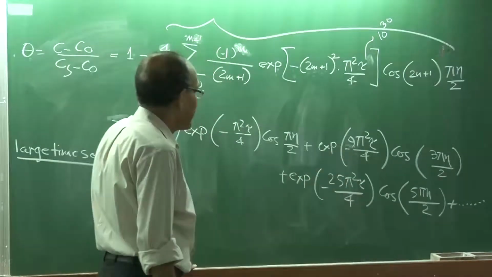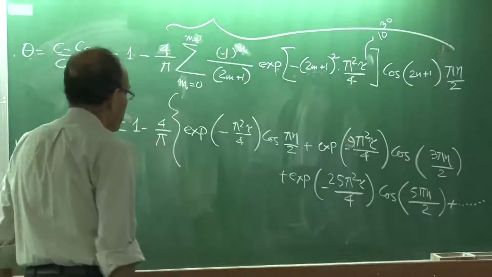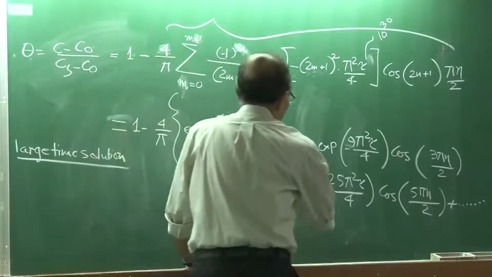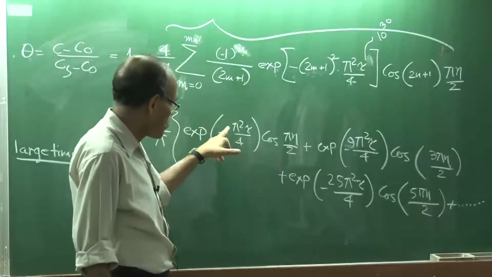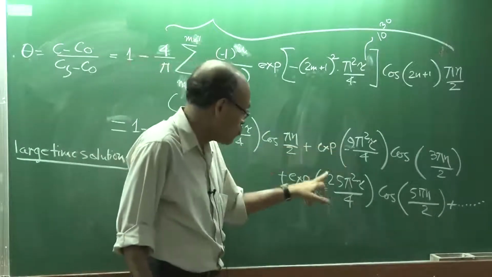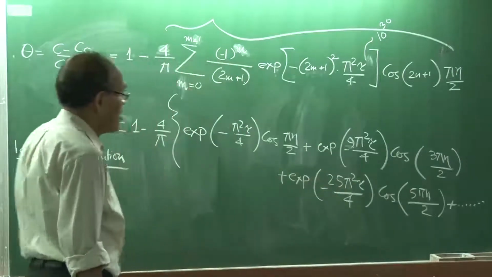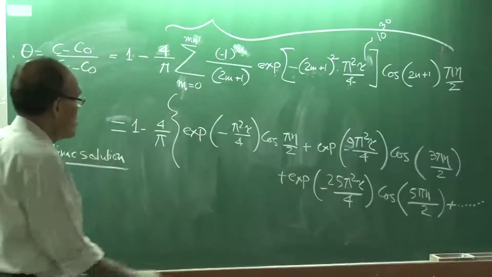So therefore, I can say that from this time onwards, we can retain only the first term, whose coefficient is 1, and this is 9, 25, and then 49, etc. All subsequent terms can be ignored.